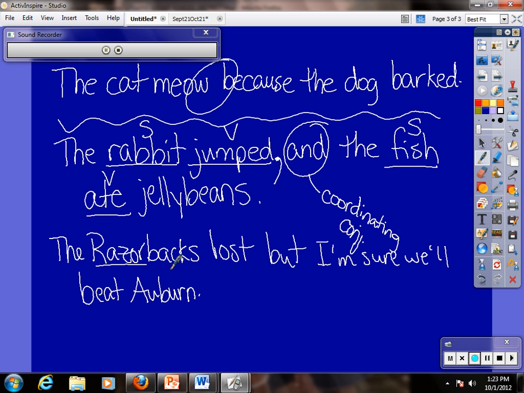First part, Razorbacks, subject, lost, verb, conjunction, I is the subject, am is the verb, it's a contraction, so you have to make sure you see that. Okay, so there's your conjunction, two subjects and two verbs on either side of the conjunction, comma after lost.